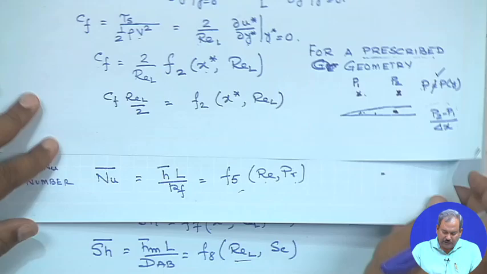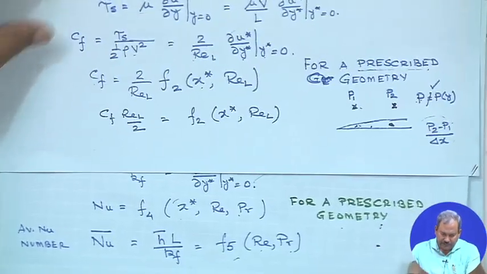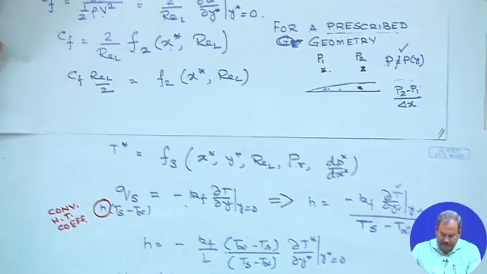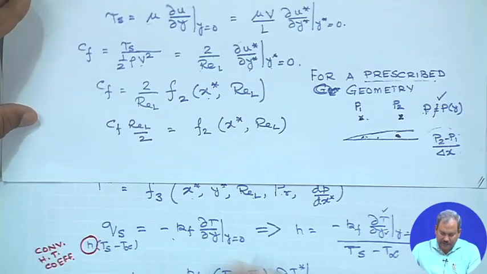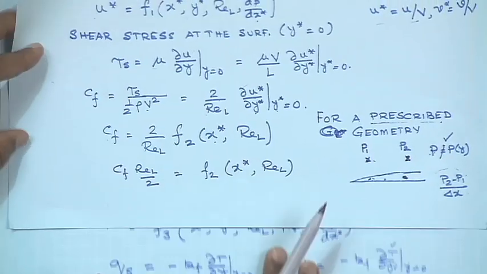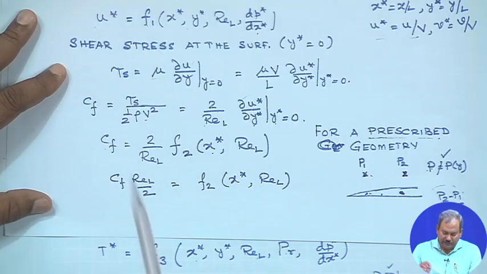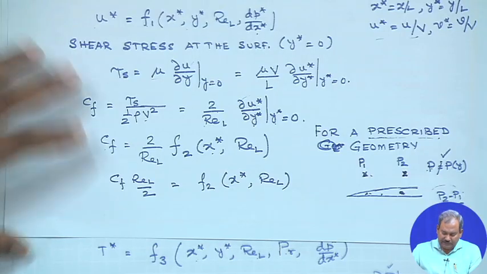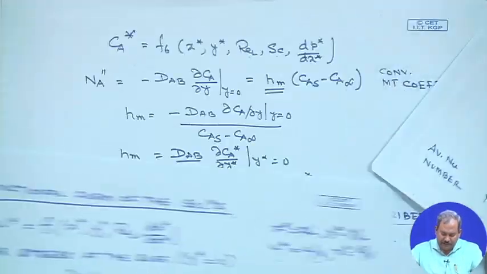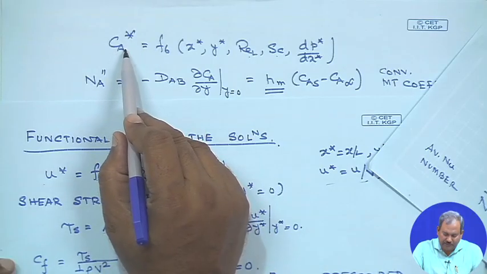If I concentrate on, let us say, f1 and f3, I think it is visible. So, f1 is the functional form of velocity, f3 is the functional form of temperature, and similarly I have f6 in here, which is the functional form of the dimensionless concentration.